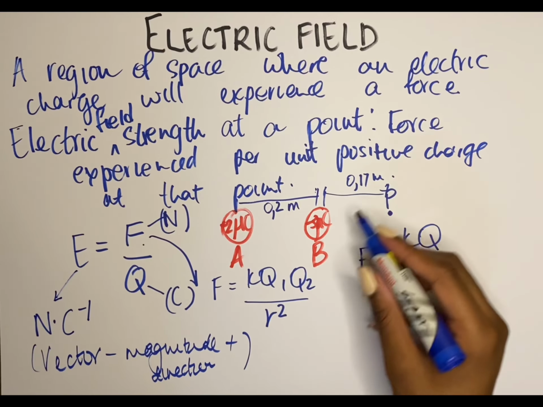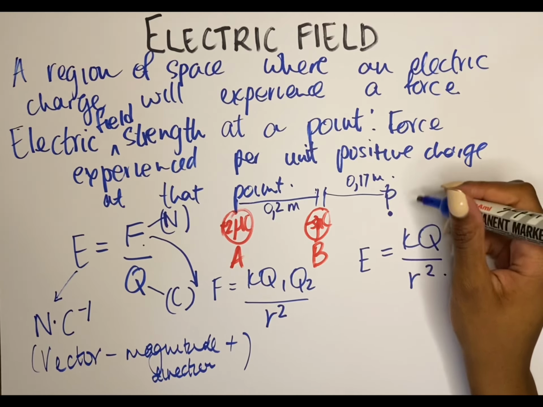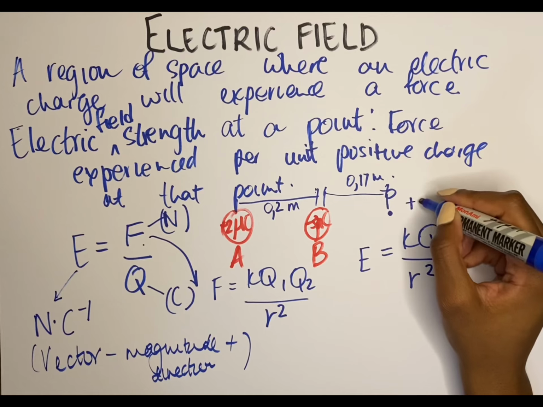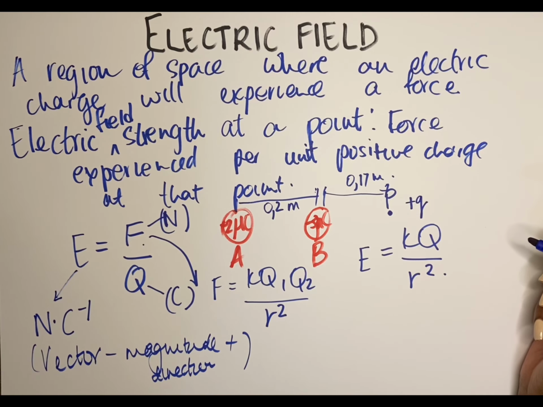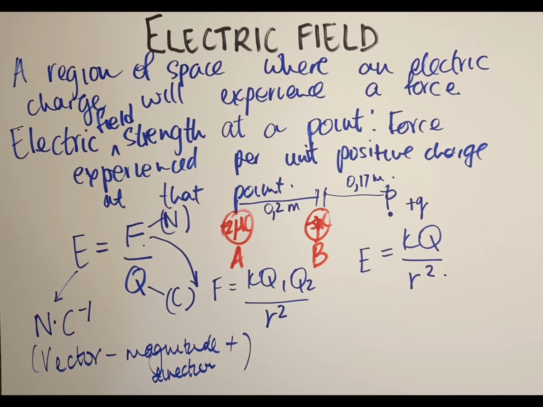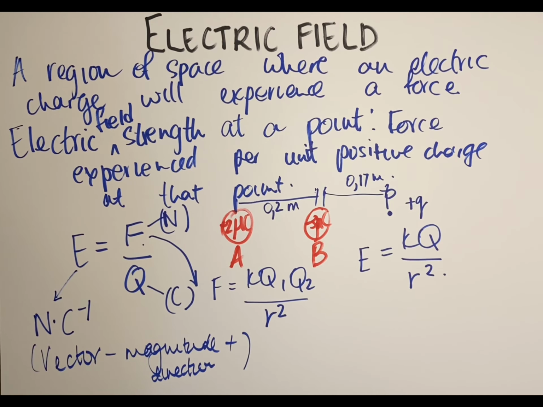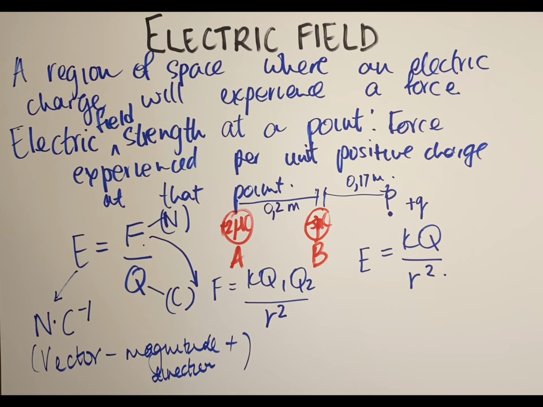So when we talk about a point charge, this is always a positive test charge, right? Think of a hydrogen ion. When you take hydrogen, which has one electron, and remove that one electron, you get hydrogen plus, H+.